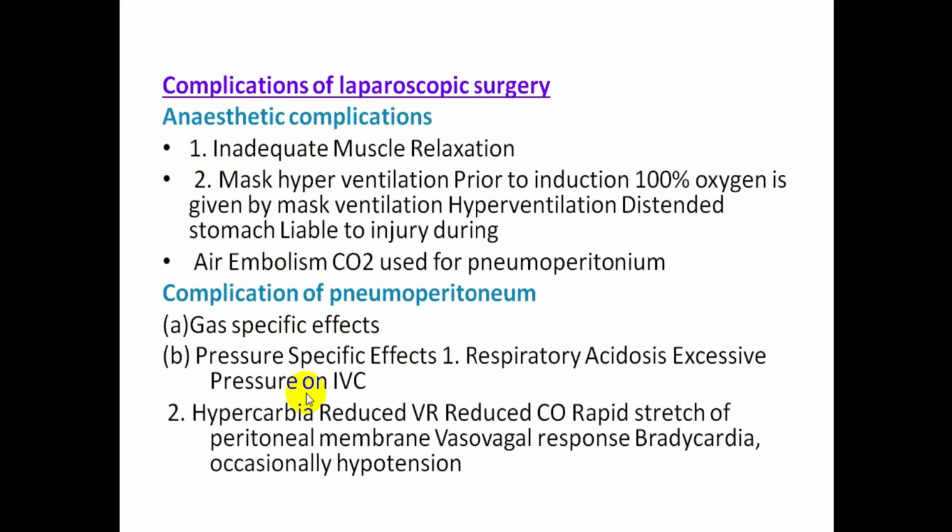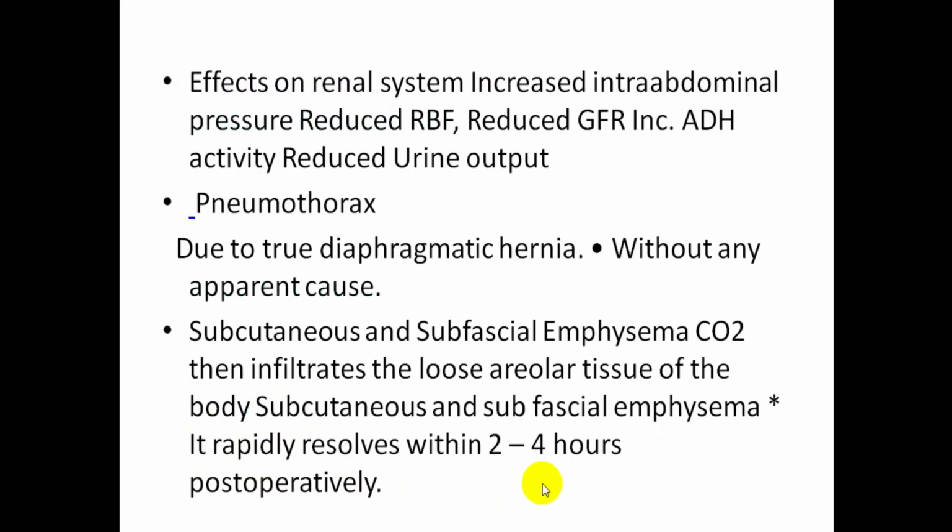effect number one on respiratory system and excessive pressure on intravenous circulation. Hypercapnia reduces CO2 elimination from the blood circulation. Effect on the renal system: increased intra-abdominal pressure reduces RBF, reduces glomerular filtration rate and ADH activity, and reduces urine output.